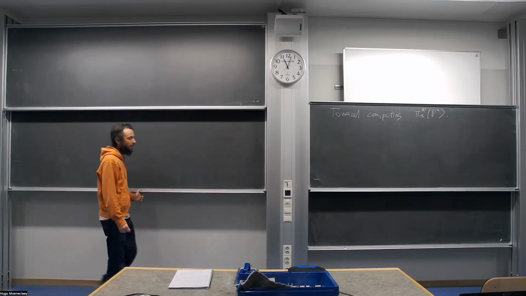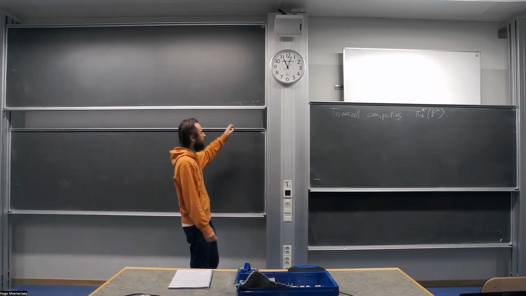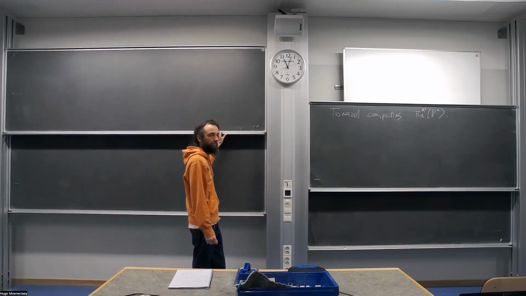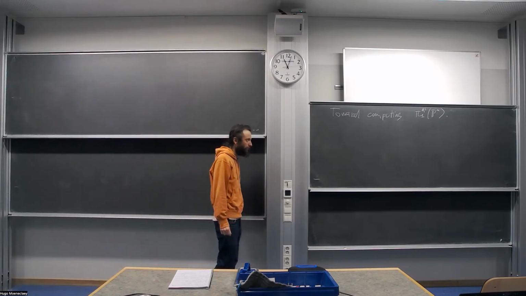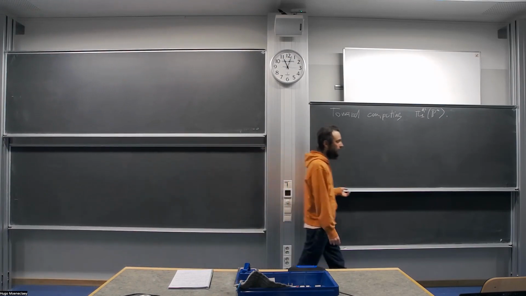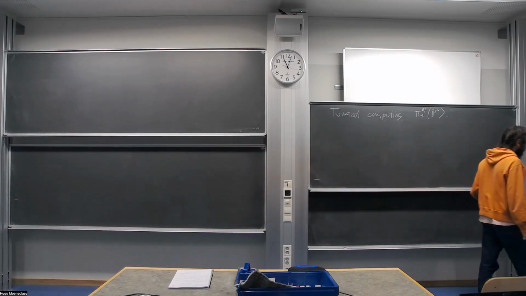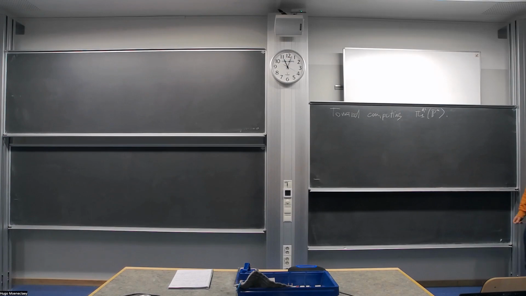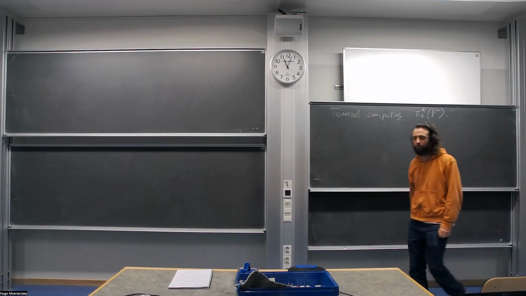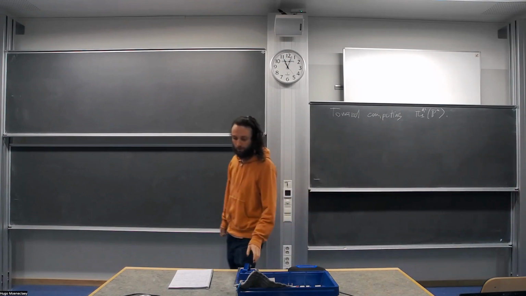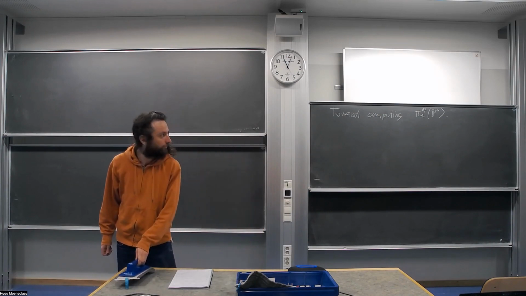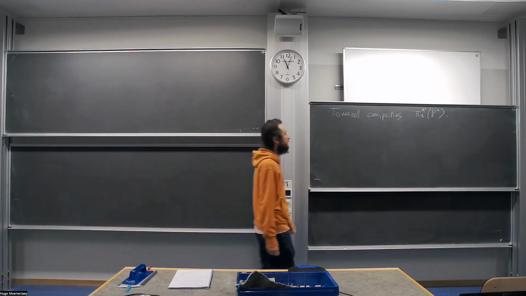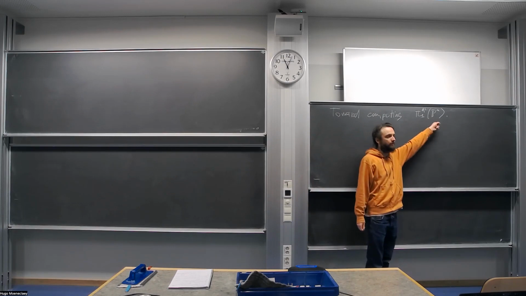So as Felix explained, you can define A1 localization very easily and prove a few things about it. But then the natural thing to try is to actually compute the motivic homotopy groups. I've tried doing this in this case.